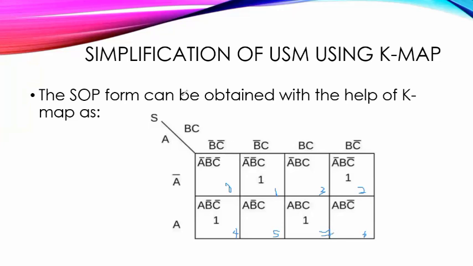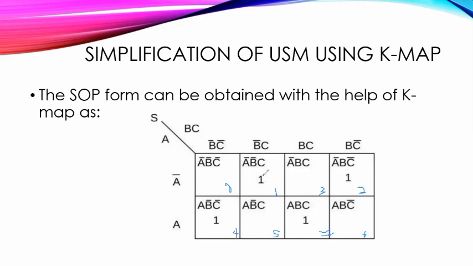As we all know, we follow the format B bar C bar, B bar C, BC, and BC bar. Because of that one digit change, we will be shifting the columns also as 0, 1, 3, 2, 4, 5, 7, and 6.